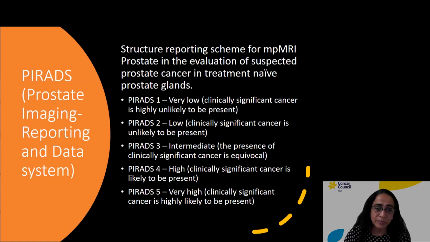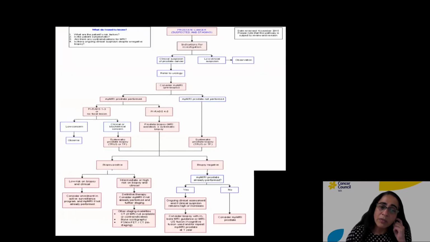Here's one of the algorithms for suspected or staging prostate cancer, where you assess the patient for risk factors, ask whether the patients are symptomatic, and then the GP assesses whether there's a high or low suspicion of prostate cancer.